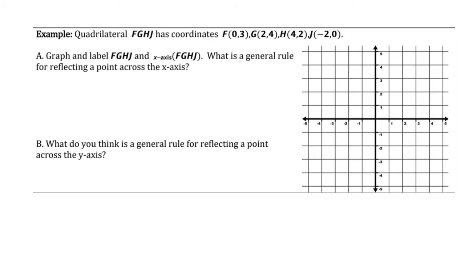F is 0, 3, so 0, 3 is here. This is F. G is 2, 4. H is 4, 2. And J is negative 2, 0. Let's make this quadrilateral.